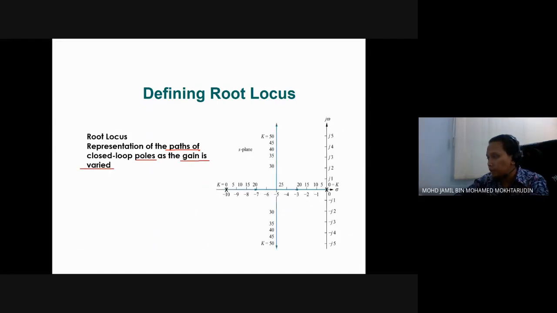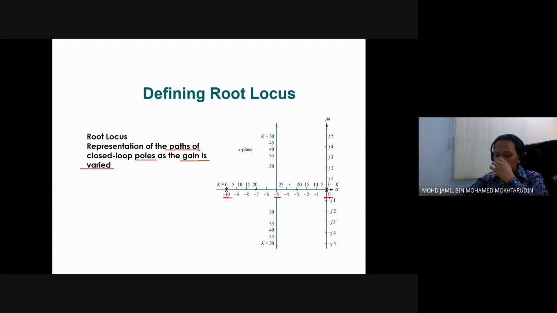This is an example of a root locus. What information you get here is that when K is 0, the root locus starts at -10 and also 0. As you increase K, it will travel to a center value, an intersection at -5, and then it will go up as you increase K further.